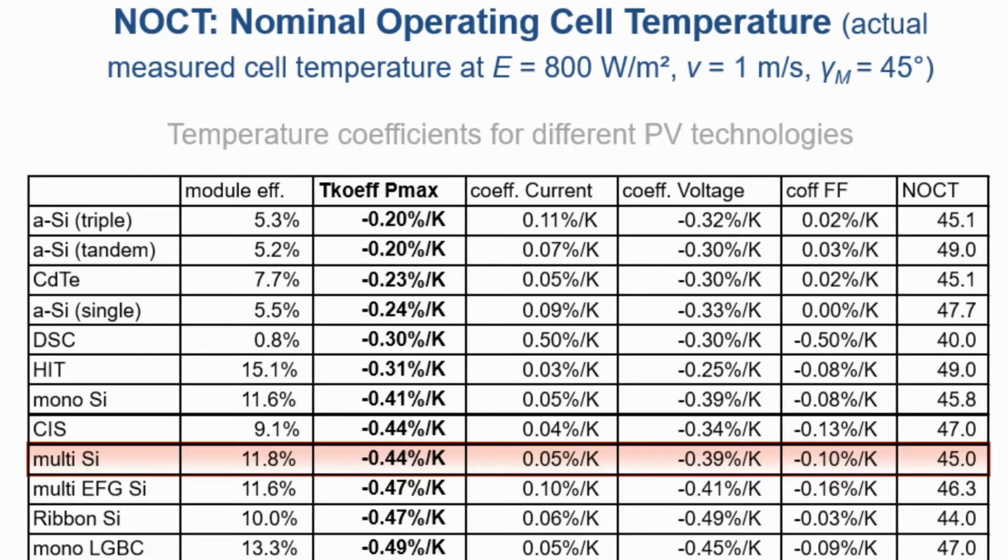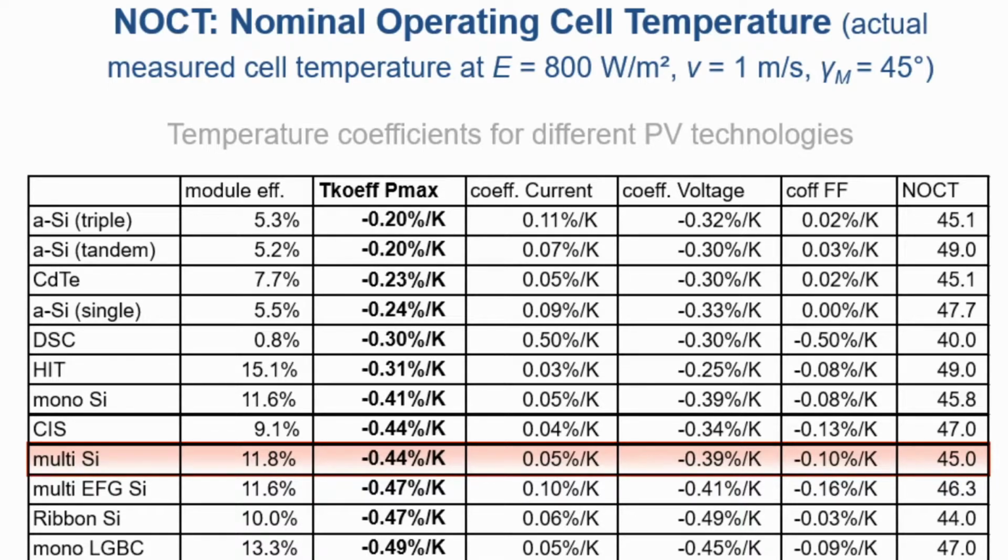If you go to the current, you have a positive temperature coefficient, but it's only 0.05% per Kelvin. Voltage, as I mentioned, is in the same vicinity as the power loss. It's a minus 0.39% per Kelvin. There's also slight loss in the form factor, so the solar cell characteristic gets a little bit softer.